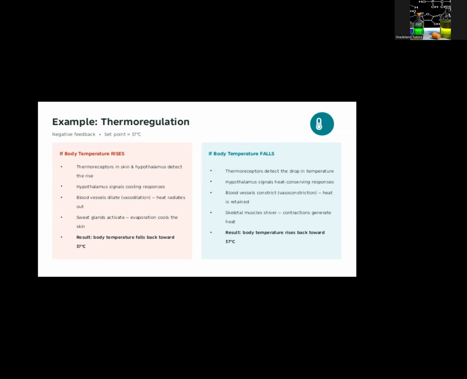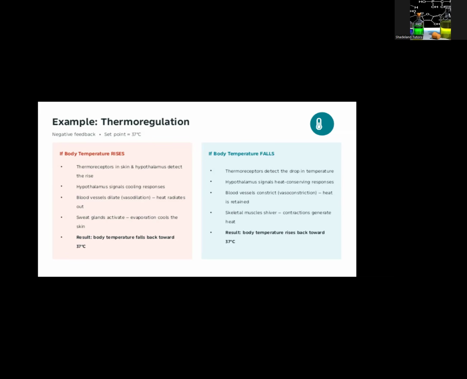So what happens if the body temperature rises? First of all, within the skin we have sensory nerve endings. These sensory nerve endings can pick up different stimuli. We have sensory nerve endings for pain, for pressure, for temperature, and for touch.